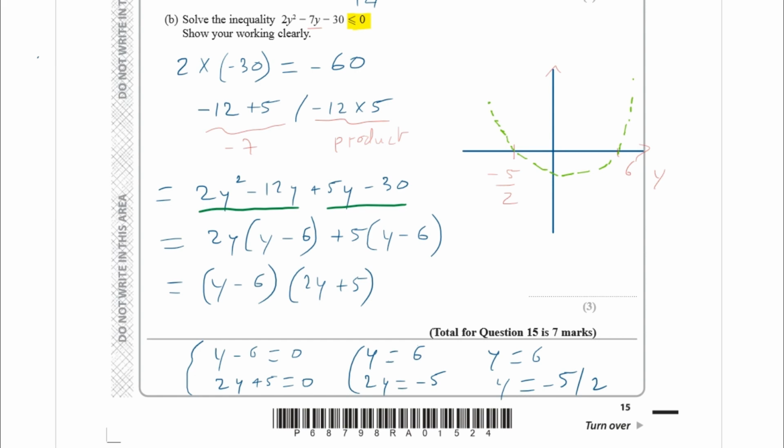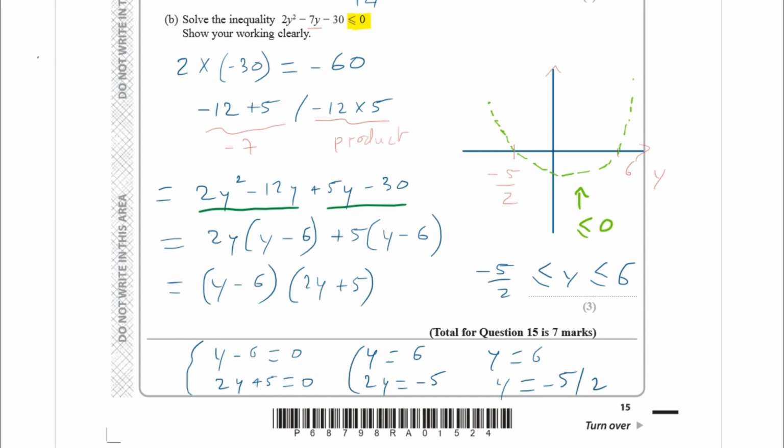And I'd like you to realize that in between negative 5 over 2 and 6, this is when this expression is going to be smaller than or equal to 0. And this is what the solution set will look like. So in order for you to get the marks, you should say that y should be contained between negative 5 over 2 and 6, including the values negative 5 over 2 and 6.